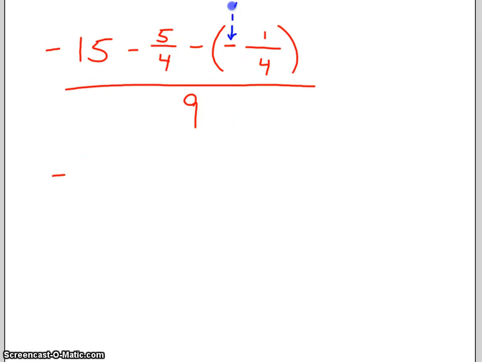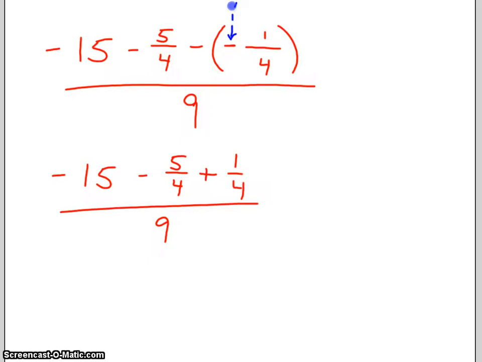Okay, now this can turn into negative 15 minus 5/4 plus 1/4 all over 9. Again, this double negative here, this minus minus becomes a plus.